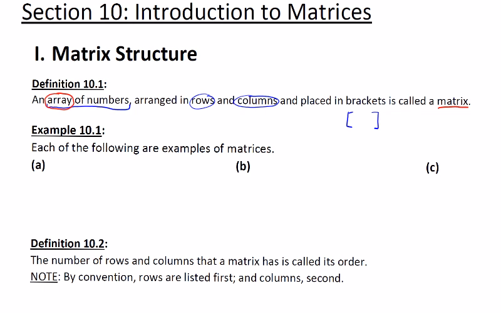So let me show you an example here. Open up my square brackets, and inside I'm going to put 4 entries, 2, 3, 4, and 7.